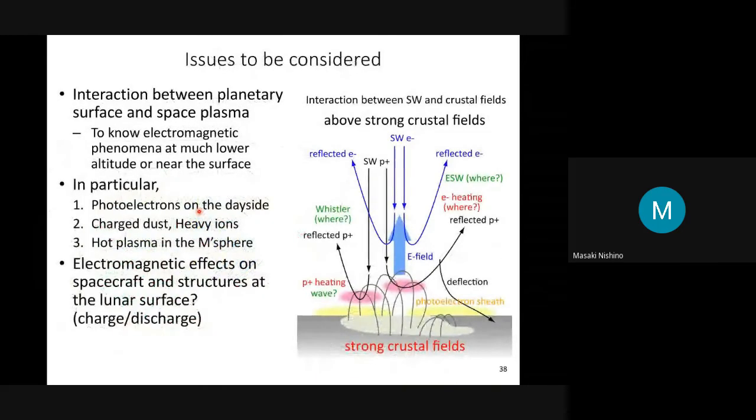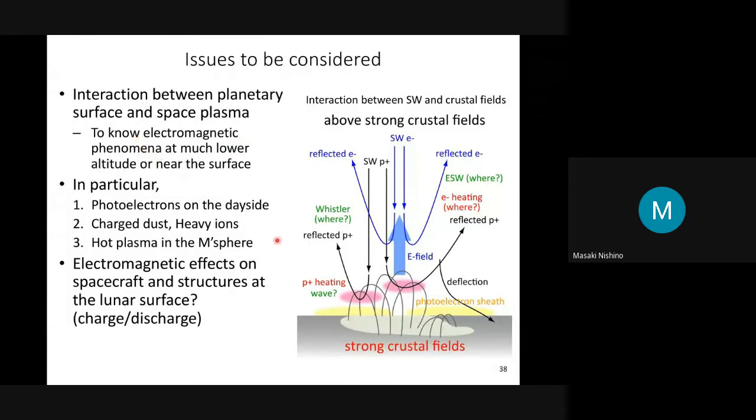So about the lunar day-side surface. Actually, I talked about the solar wind interaction on the lunar day side so far, and interaction between the lunar or planetary surface and the surrounding space plasma requires knowing electromagnetic phenomena at much lower altitude, near the surface.